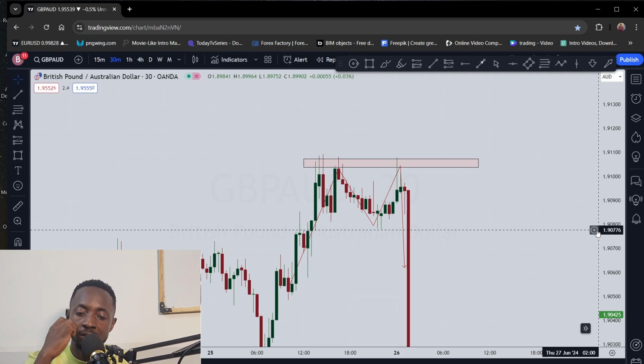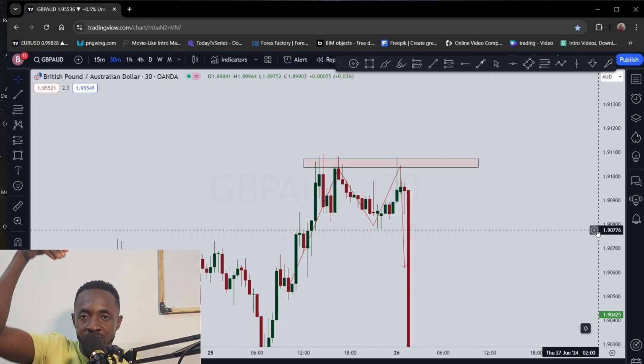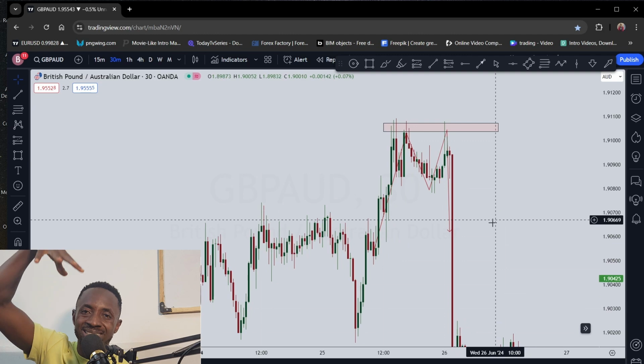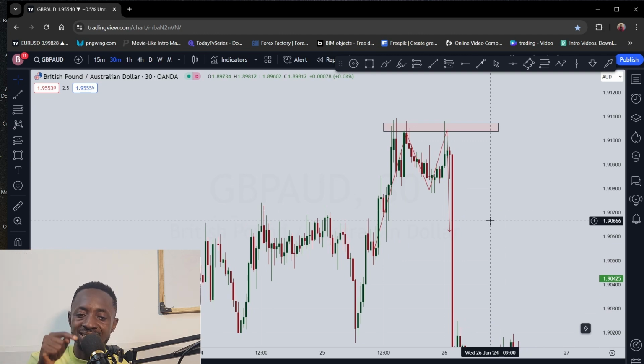In Forex, when you see candles having this long wick in an uptrend, and you see that wick from the top, it means the sellers are pushing the price, and there is a tendency that the market will sell. So, wick rejection.